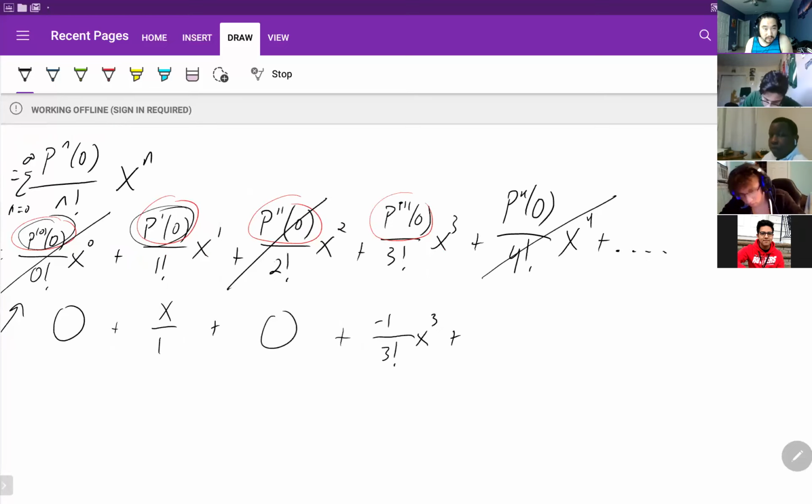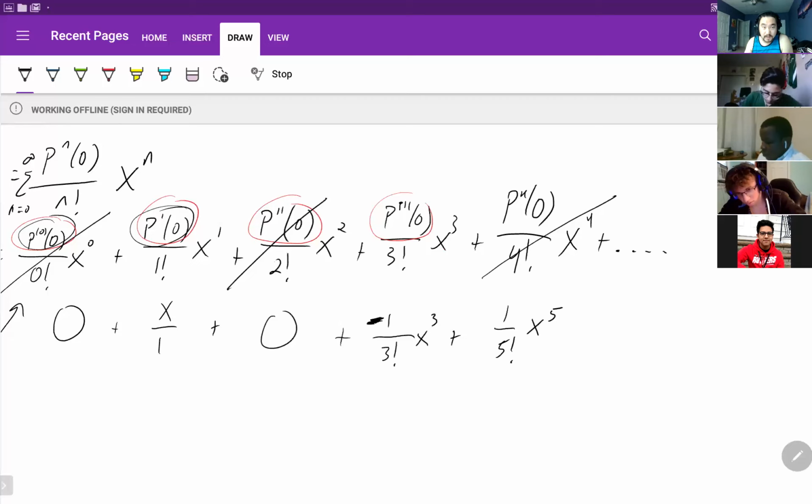Do you guys see a pattern yet? Do I have to spell it out for you? Can you guess what the next non-zero term is going to be? Could it be 1 over 5 factorial x to the 5th?